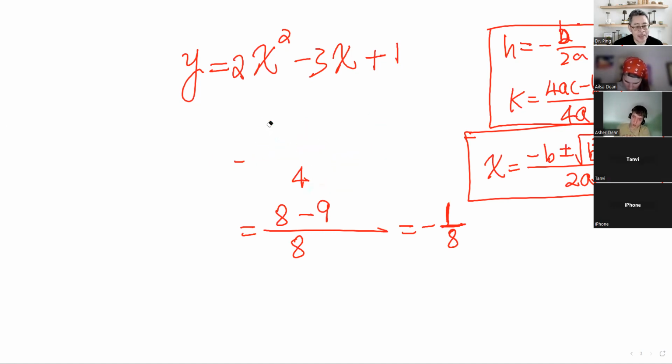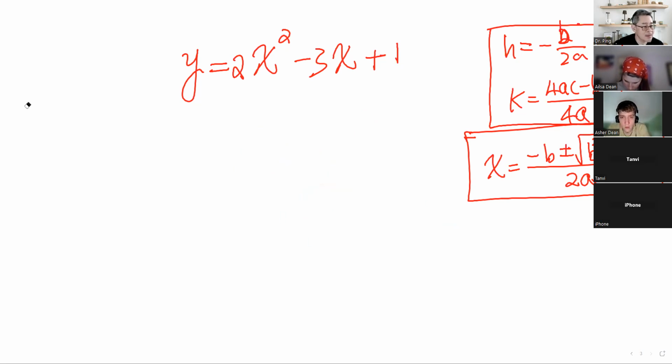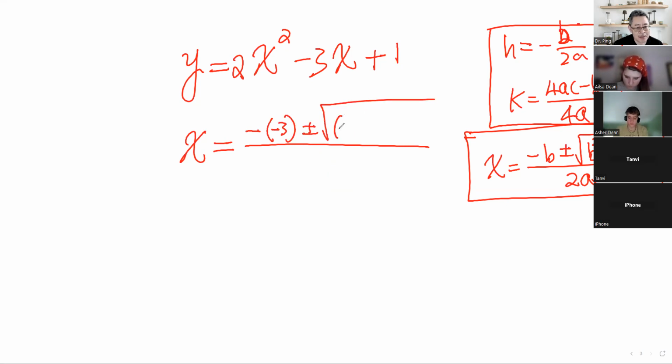Then we just need to figure out what our x is. So that would be -9 minus minus -3 plus minus -3 squared minus 4 and 2 and 1, right? And 2 times 2, and see what you got.